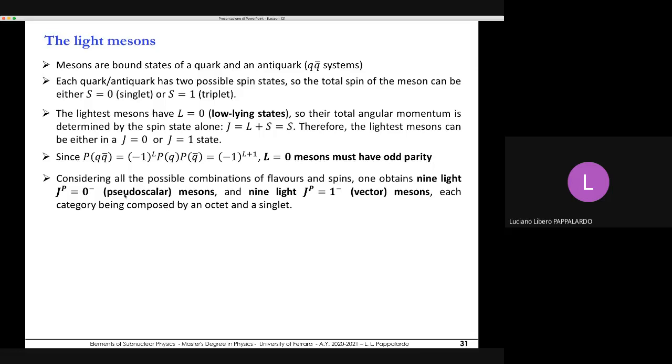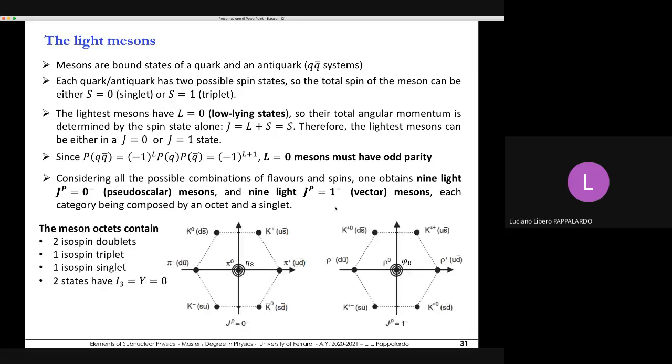So these are called pseudoscalar mesons, pseudo because we have a negative, odd parity. And the other 9 are vector mesons. Vector because we now have spin 1, so they are vector particles, and still we have a negative or odd parity. So let's look at them in more detail.